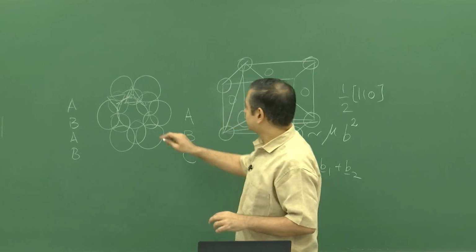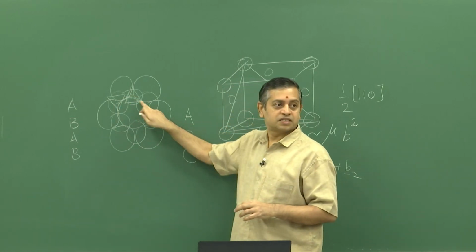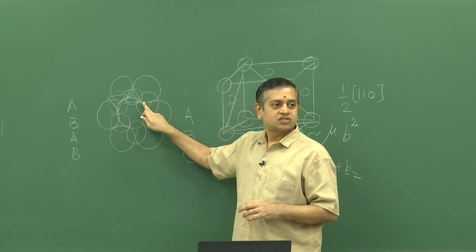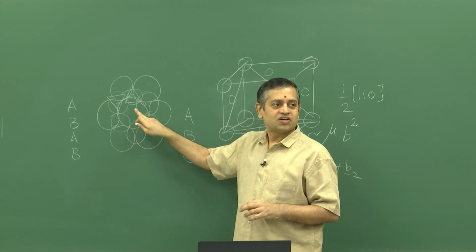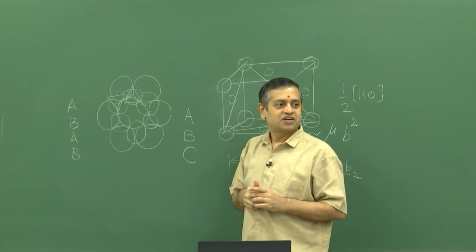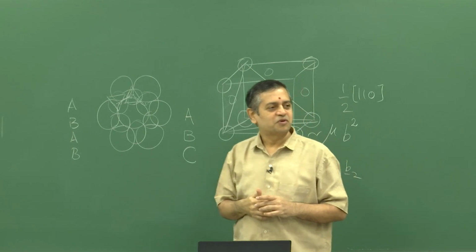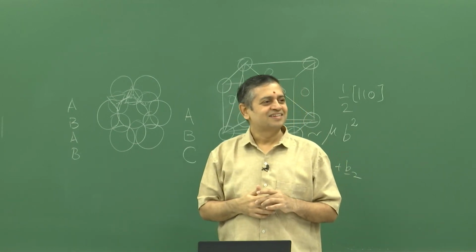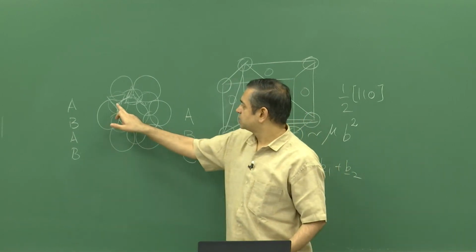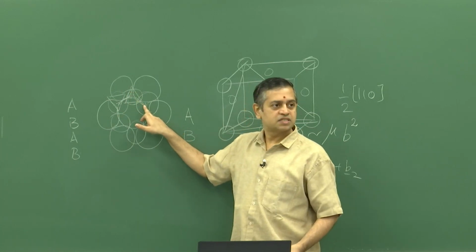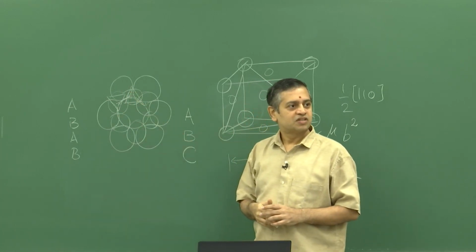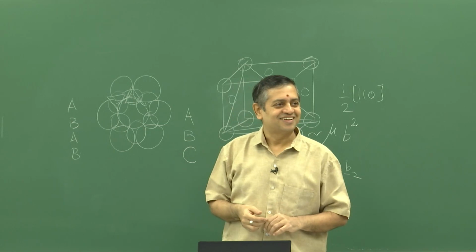I said that these are the partials, right? Why is it going from lower to higher? They are all going to stable positions. This is a stable position, this is a stable position. That's not the case.